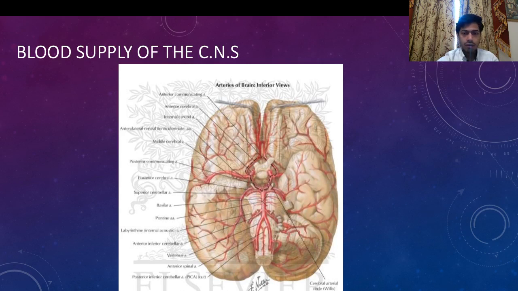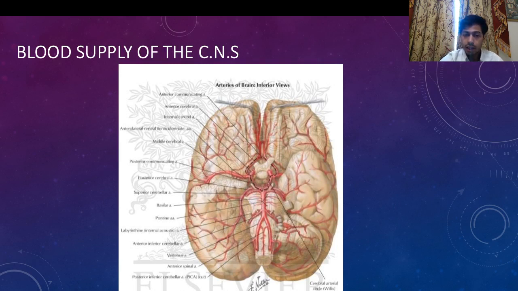So the final part of today's lecture is the blood supply of the CNS. Before we start, we know that the blood supply of the CNS starts from the common carotid, where the common carotid then branches into the internal and the external.